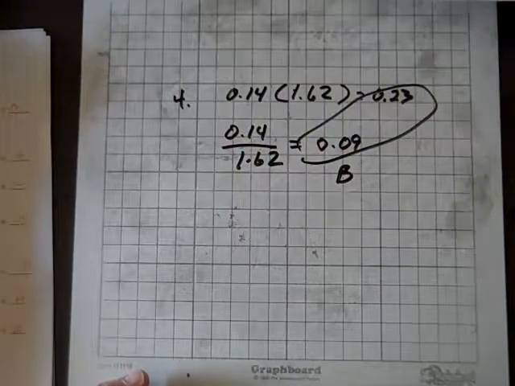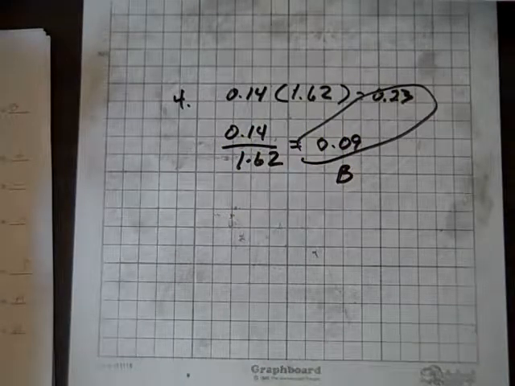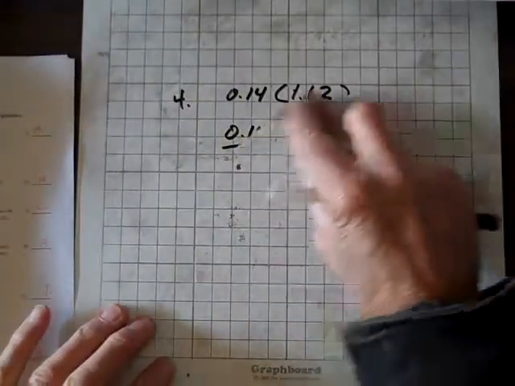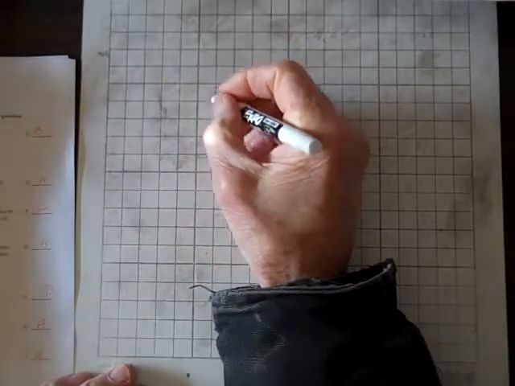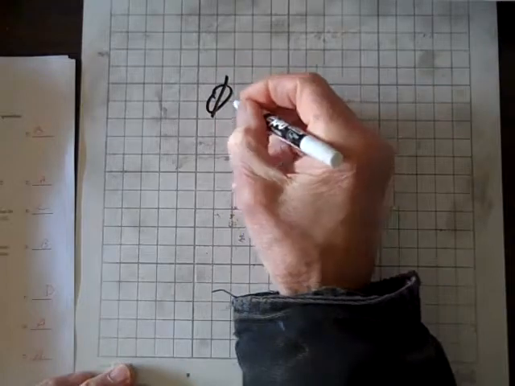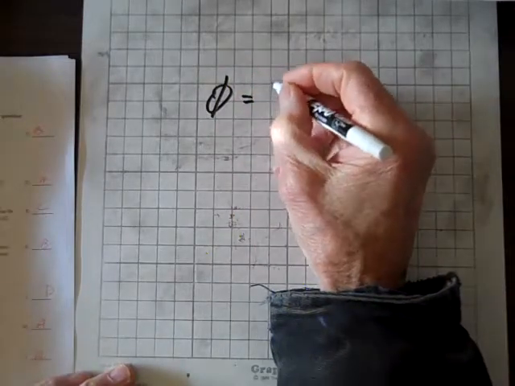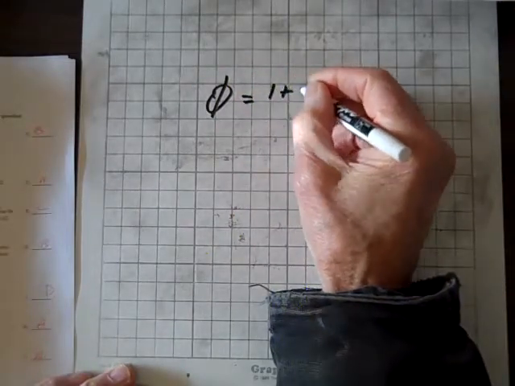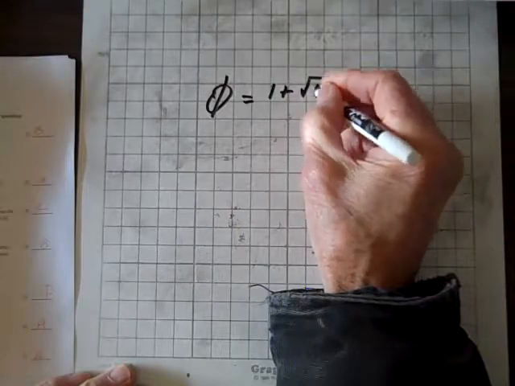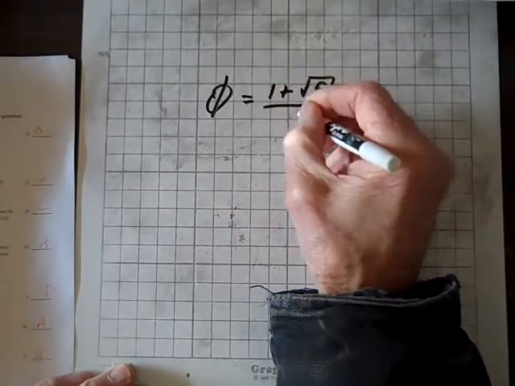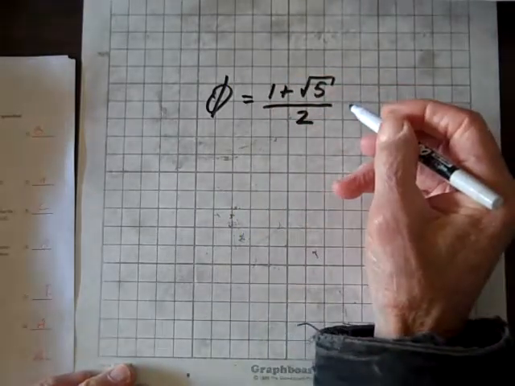So now, let's actually look at what the golden ratio is. They call it phi, and it equals 1 plus the square root of 5, divided by 2. Well, this is an irrational number.